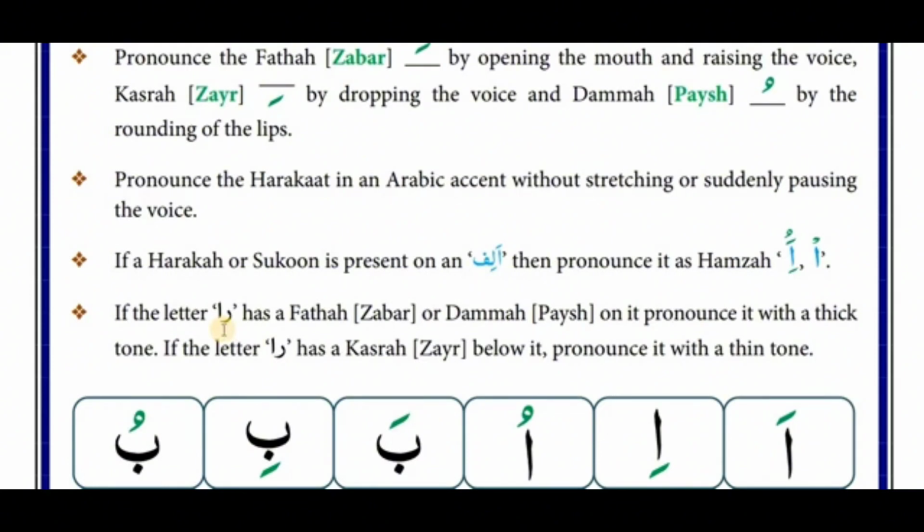We will pronounce it in a thick voice, not a thin voice. If the letter ro has a zer below it, then it will be pronounced in a thin voice.